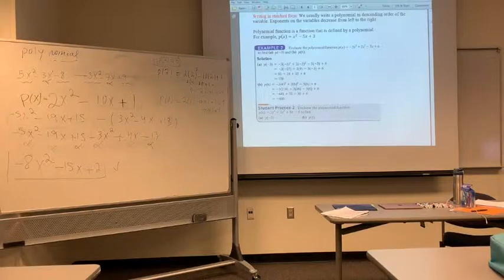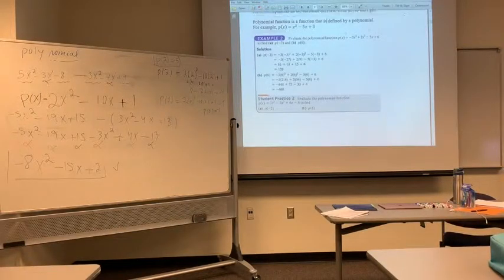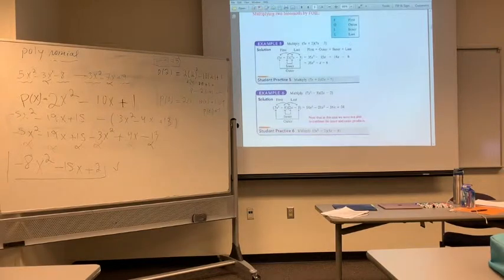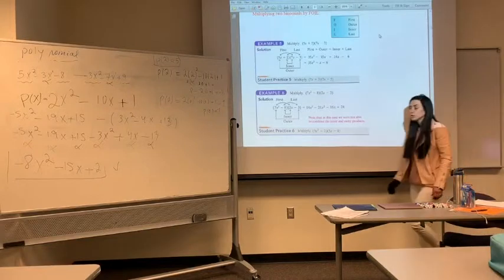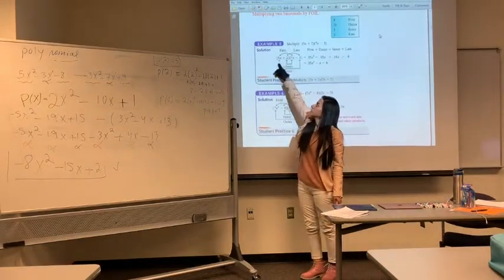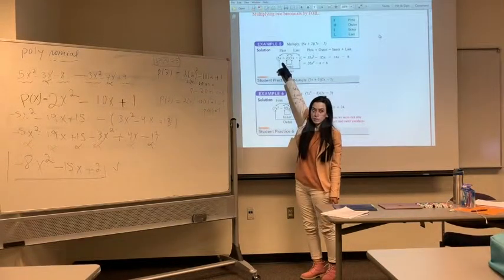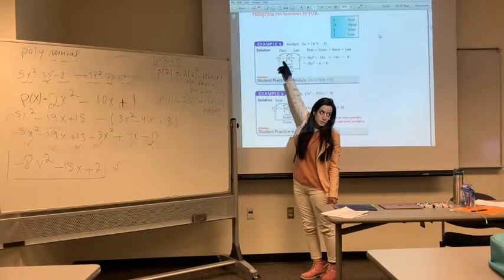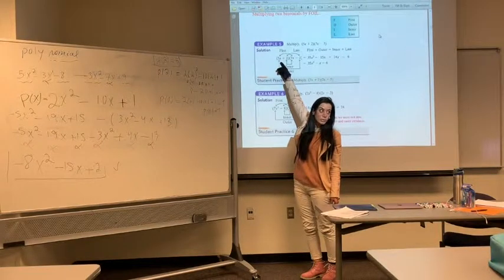So don't forget the standard form of a polynomial. You should organize the polynomial from the maximum degree term to the minimum degree term. So now we are going to multiply. What is the type of this polynomial? This parenthesis is a binomial, right?